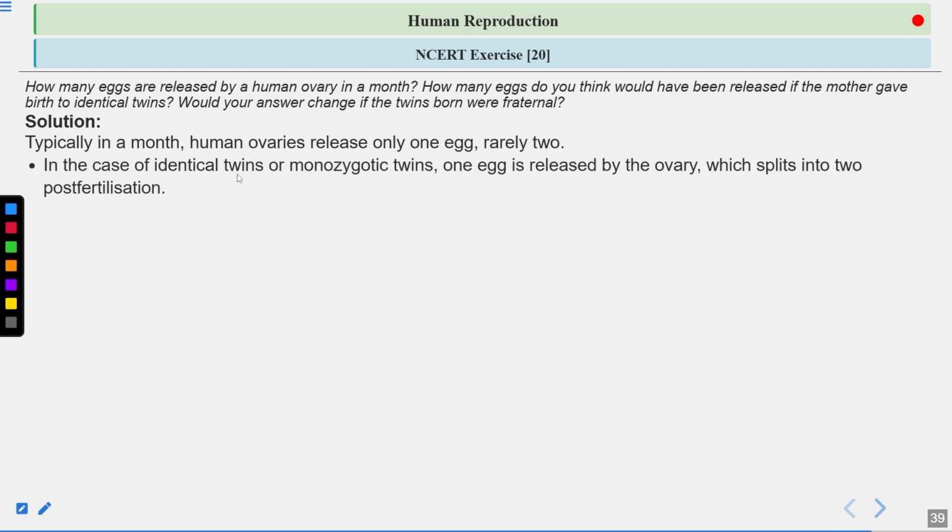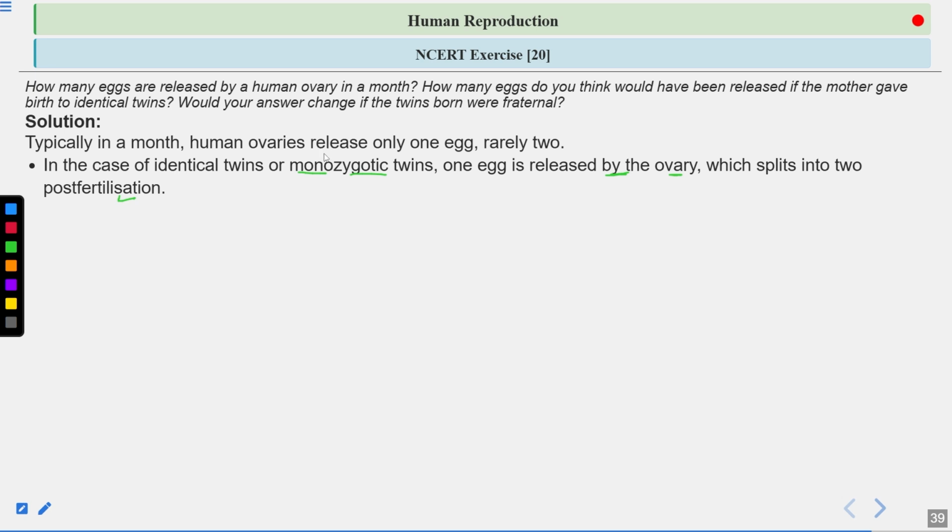Then in the case of identical twins, also known as monozygotic twins, one egg is released by the ovaries. So this is the normal condition, one egg is released. And after fertilization, the zygote is formed and the zygote divides into two.